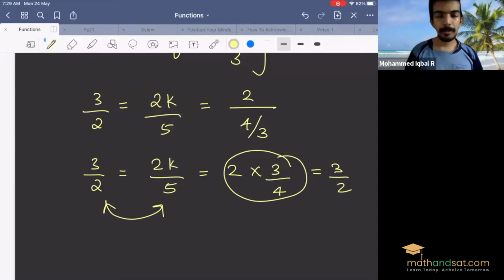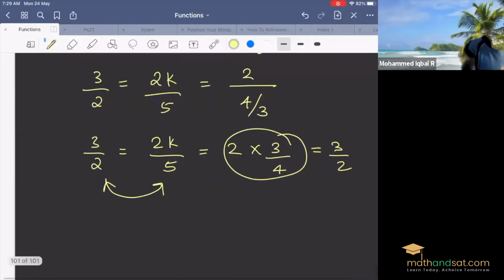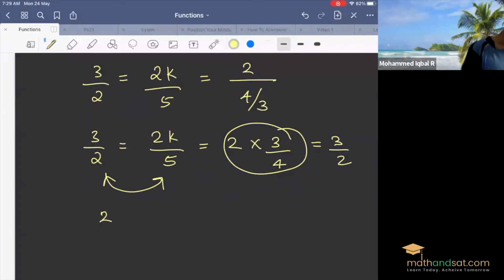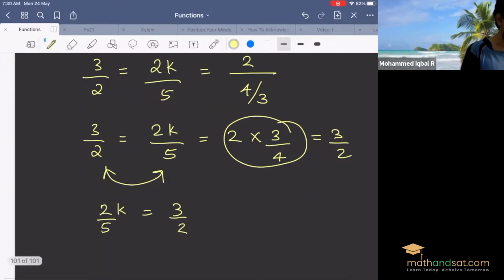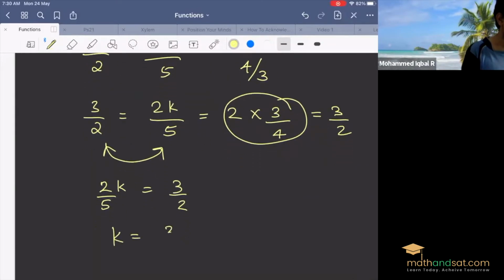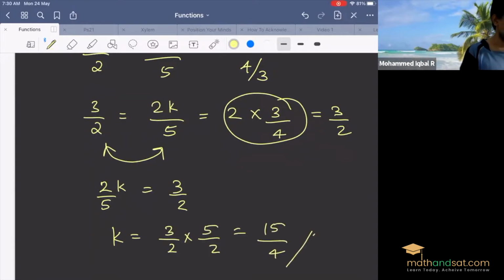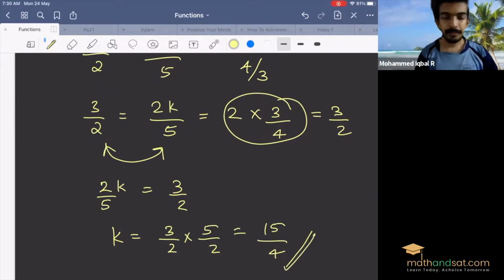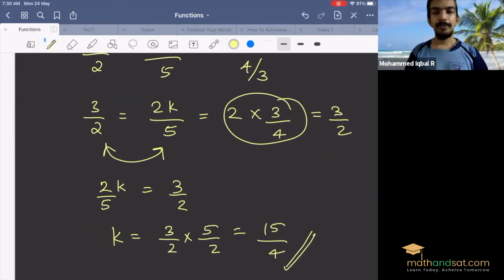So your k value will be 3/2 times 5/2, which is 15/4. Is that all right? 15/4.